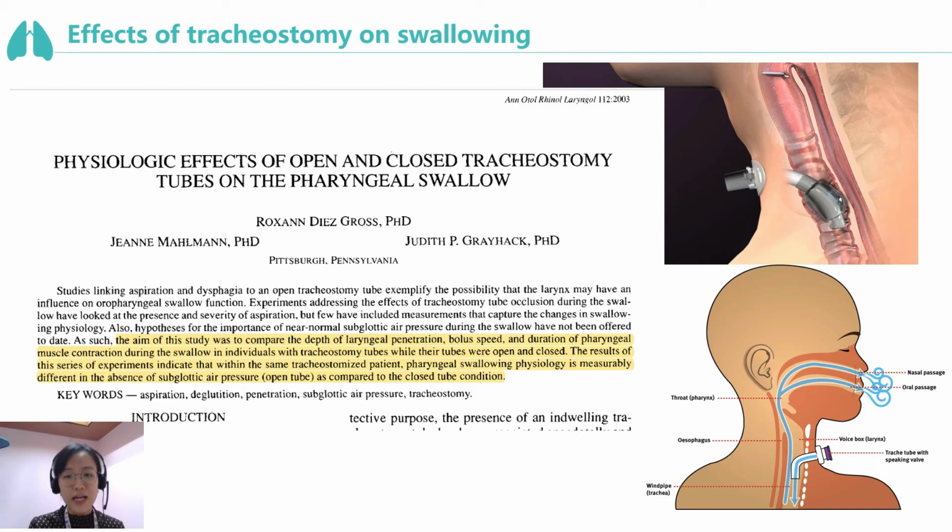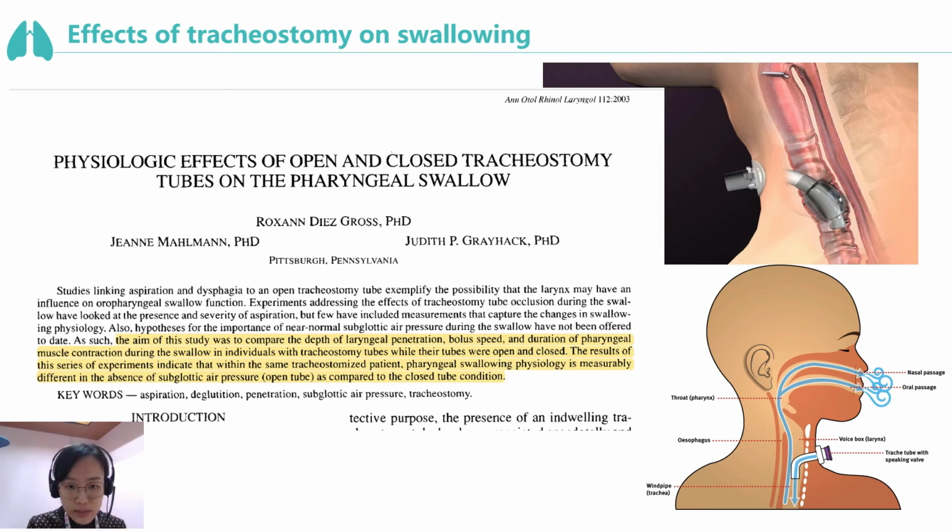So it is actually a closed tracheostomy where you breathe in through the tracheostomy, but when you breathe out, the air is directed through your nose and your mouth. So in the sense that it creates a subglottic air pressure, below the vocal fold. And this subglottic air pressure is very important in swallowing, to swallow safely.